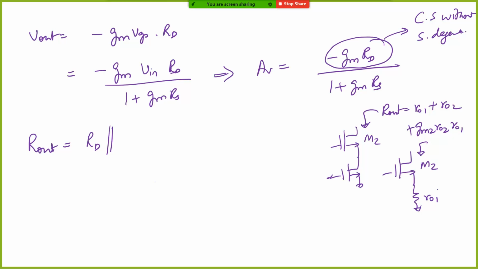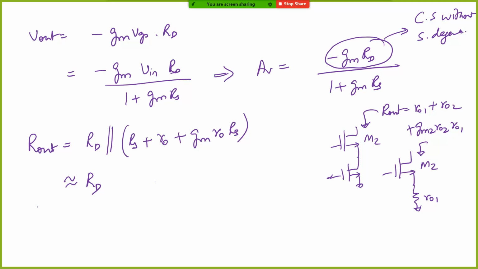So here also you can write it as Rs plus R0, there is only one R0, plus Gm R0 into Rs. So this becomes your R out. For all practical purposes, it just becomes Rd. Once you know R out, you can write your bandwidth equations and other things.